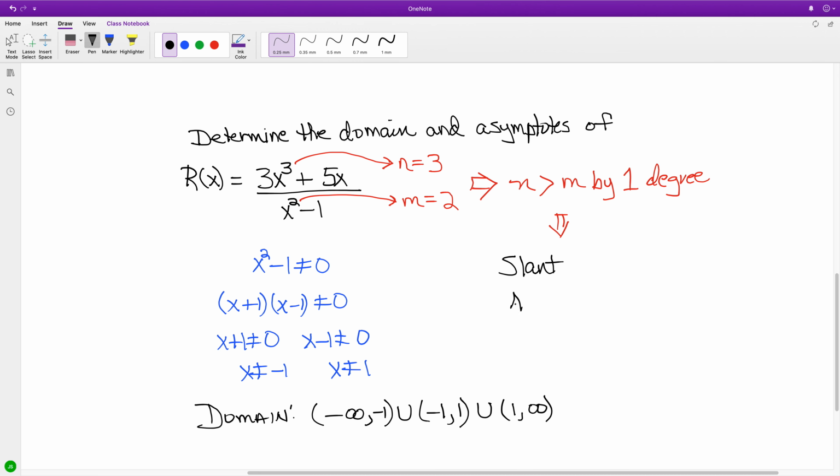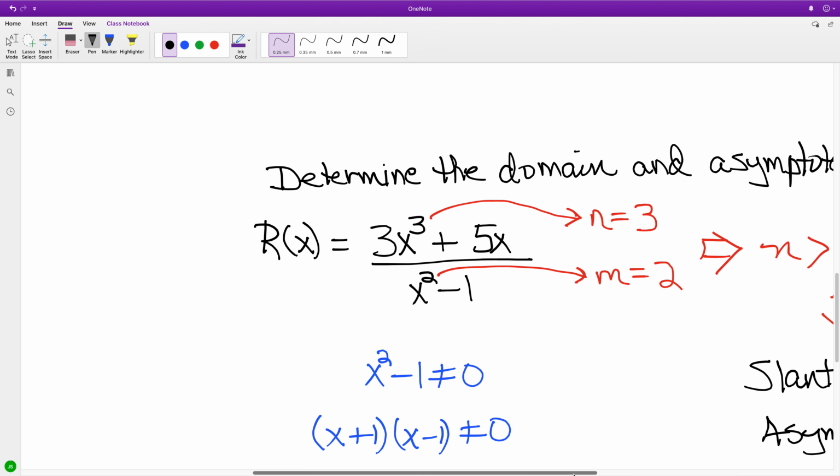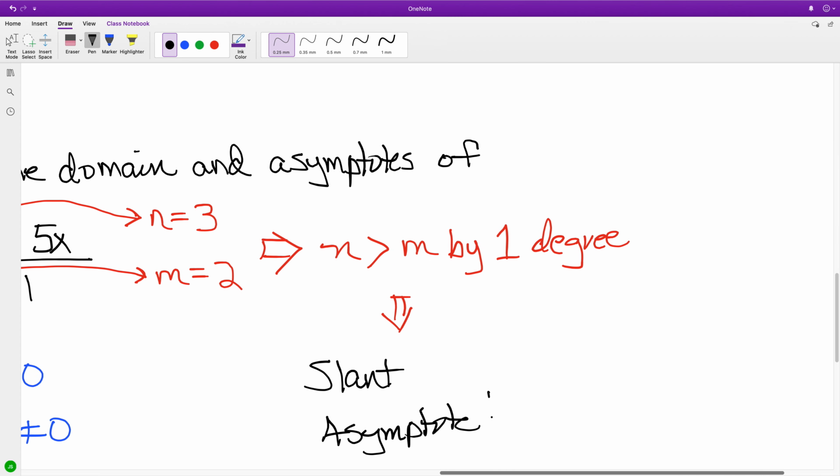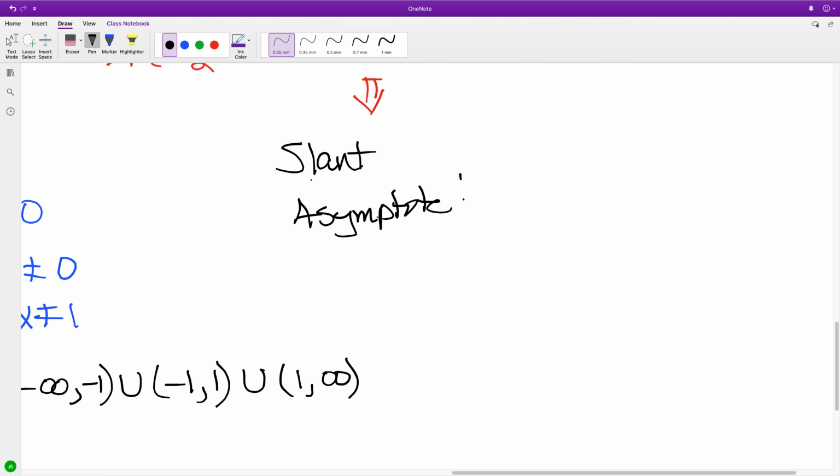In the case of the slant asymptote, that is going to be the quotient attained by taking the denominator x squared minus 1 into the dividend, which we have as 3x cubed plus 5x. So I'm taking x squared minus 1 into 3x cubed plus 5x.